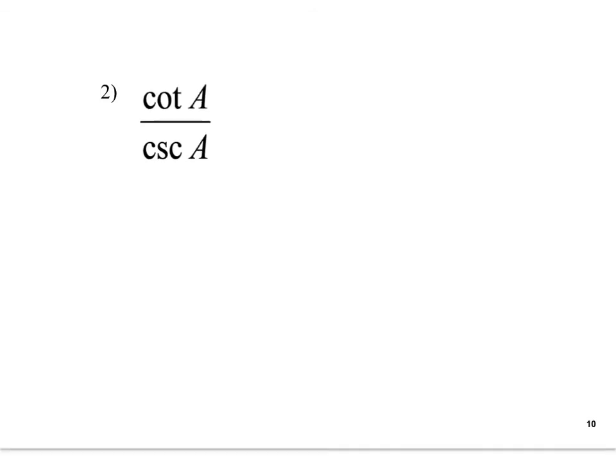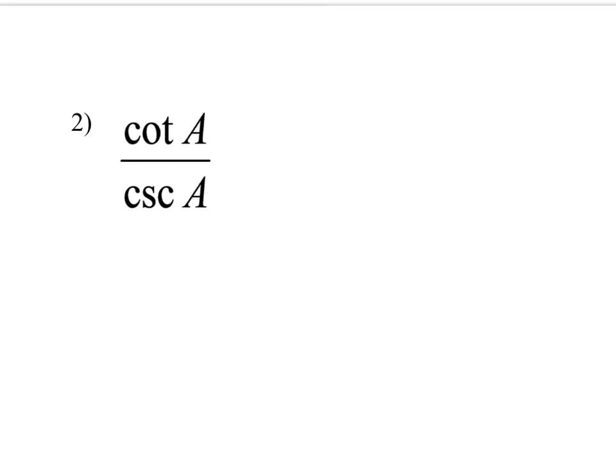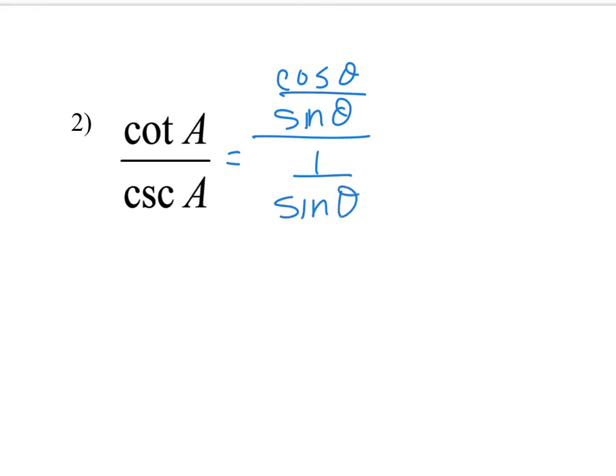So this next one here, cotangent over cosecant. We just want to make it one term with one trig function. So cotangent, you know, is cosine over sine, and you know cosecant is 1 over sine. If you think of this as a giant division sign, it makes this a little easier.